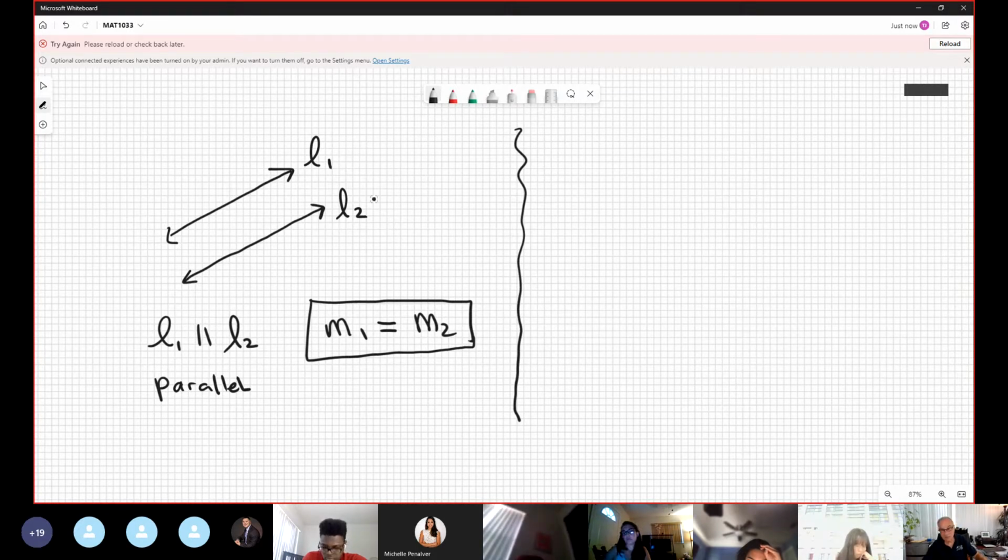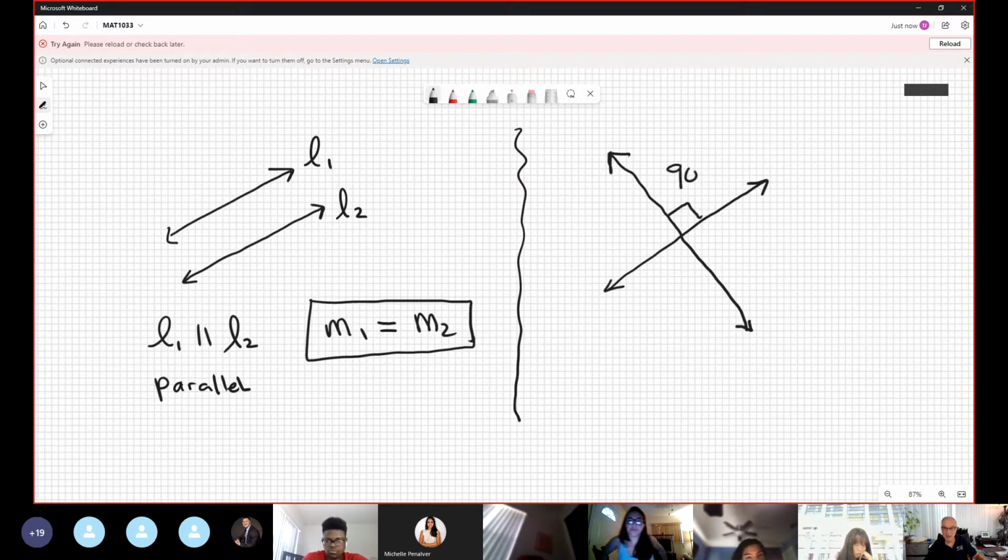However, we have another scenario. Well, we have different scenarios, but the especially important one that I need is perpendicular. Perpendicular lines are intersecting lines that form a 90-degree angle, a right angle. This is line 1, this is line 2, and this is perpendicular.